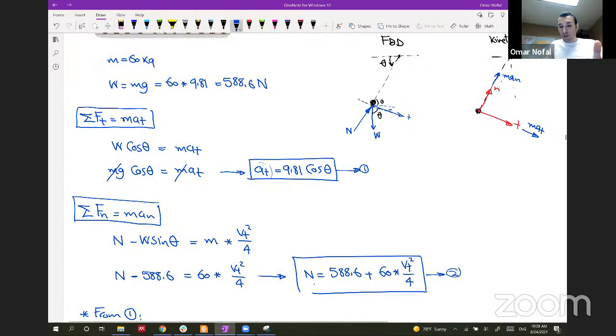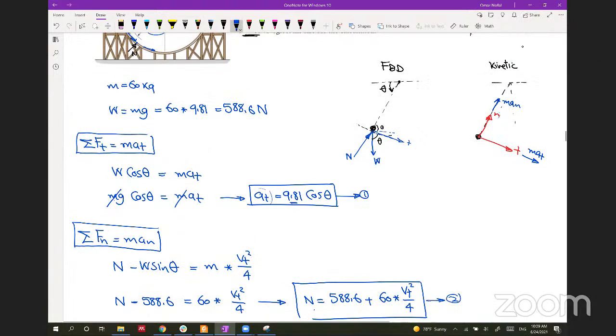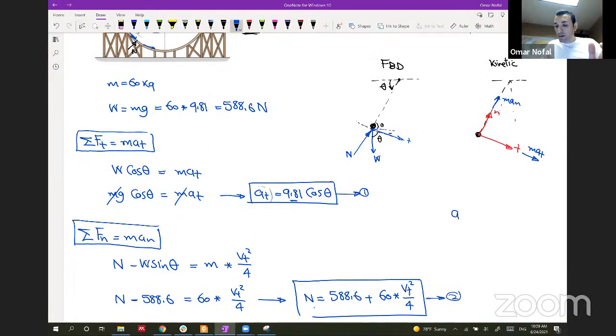Are you okay with a tangent being equal to 9.81 multiplied by cosine theta? Yes. Okay, so the tangential acceleration is the time rate of change of the tangential velocity, so it's dv by dt. From the chain rule, we have dvt, and we can put ds here and ds here, with dt here.